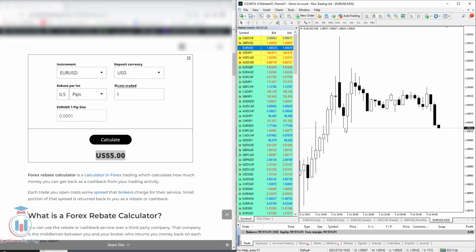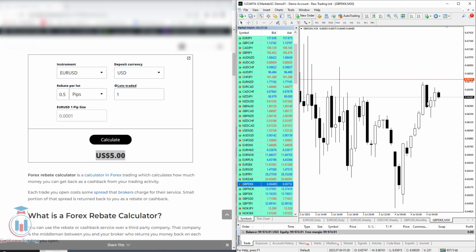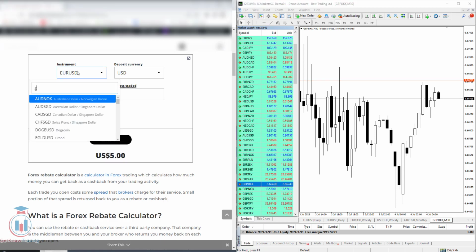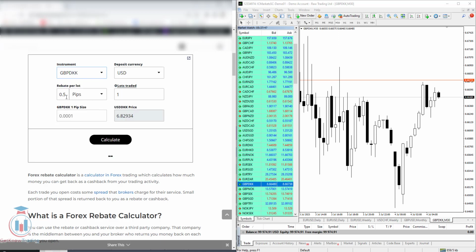This is the case when you have your EURUSD as a small spread, but for example, let's take some exotic currency pair, for example, GBP Danish krone. So here you can see that the spread is very wide, and let's put here inside the rebate calculator GBPDKK Danish krone. And for example, let's say they give you 1 pip per one lot traded.